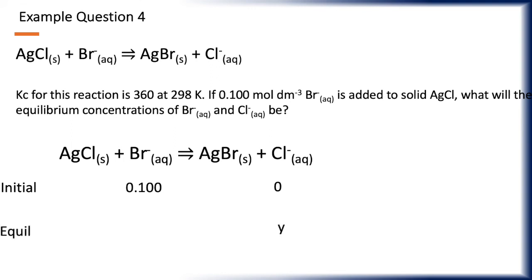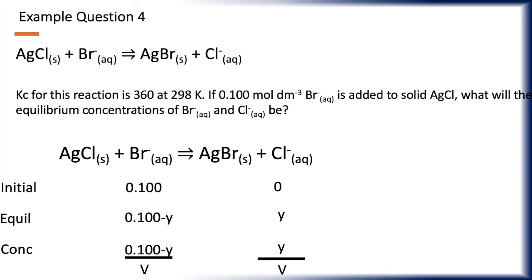And at equilibrium, we can say that we have formed Y moles of Cl minus, and if that's the case, we must have lost Y moles of Br minus, giving 0.1 minus Y moles, because for every 1 Cl produced, we have lost a Br minus. So we now change those into concentration by dividing by the volume. They haven't given the volume, so we will just say the volume is V.